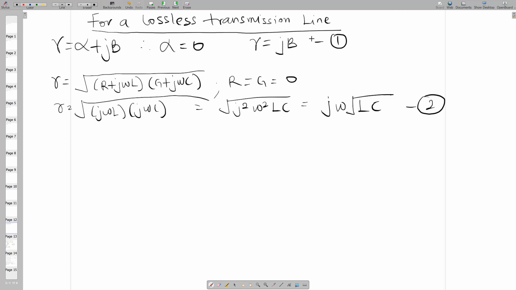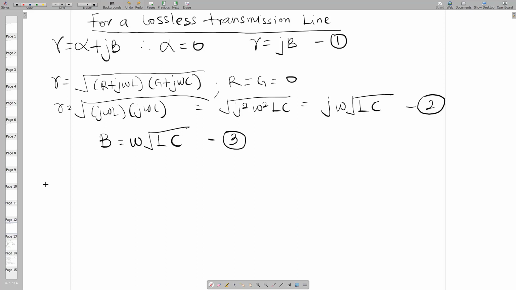Comparing equation 1 and equation 2 and taking into consideration the coefficient of j, we are going to have beta equal to omega root LC. This is also a very important equation under transmission line theory.